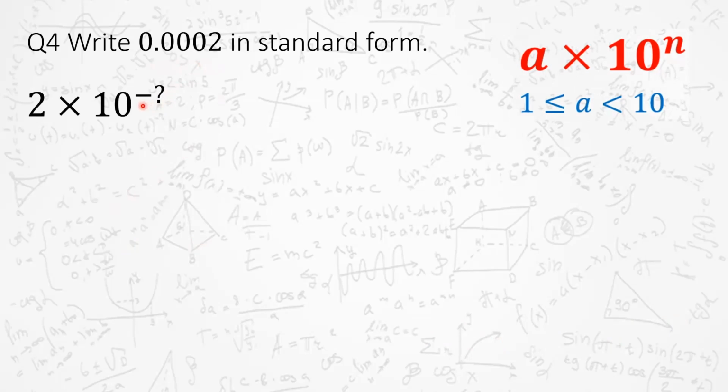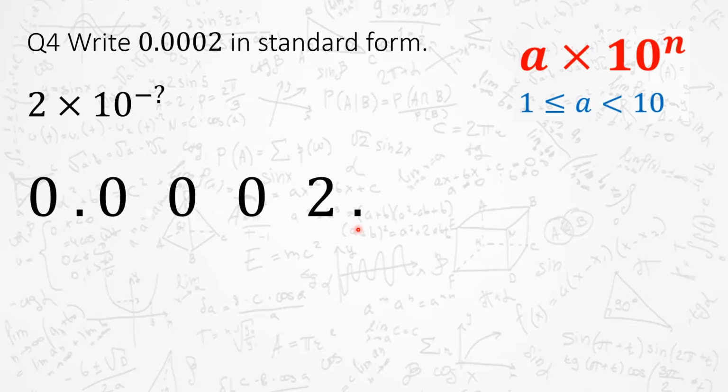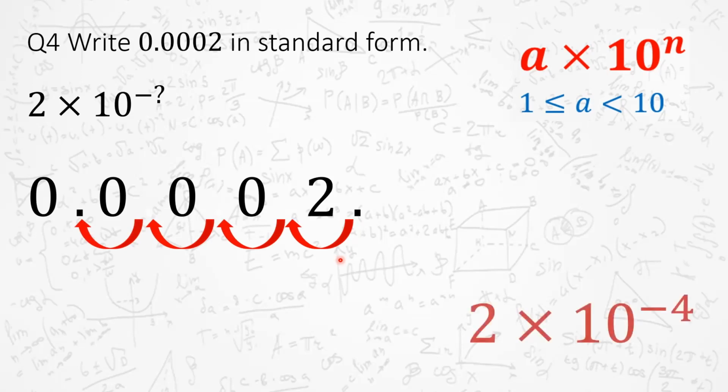For the number 2, our decimal point is on the right here, and the number in question is 0.0002. Therefore, we need to move our decimal point once, twice, 3 times, 4 times. So we move our decimal point to the left 4 times, and the answer is 2 times 10 to the power negative 4.